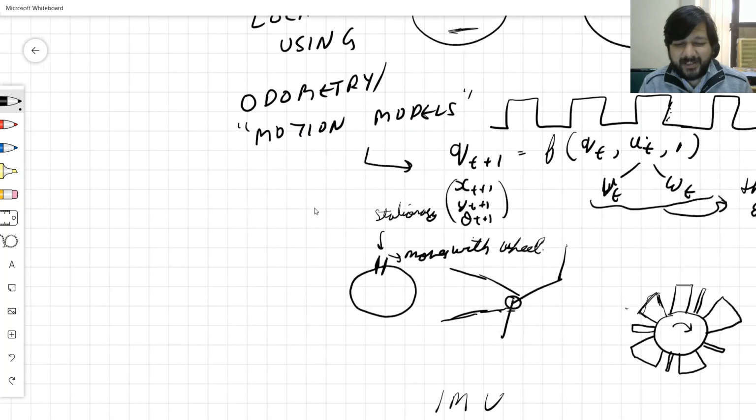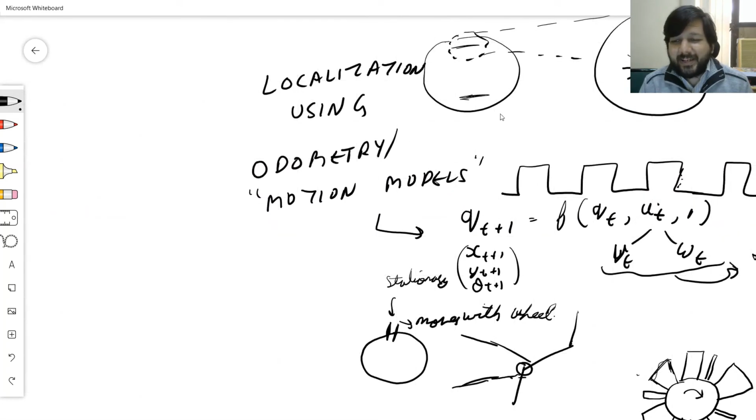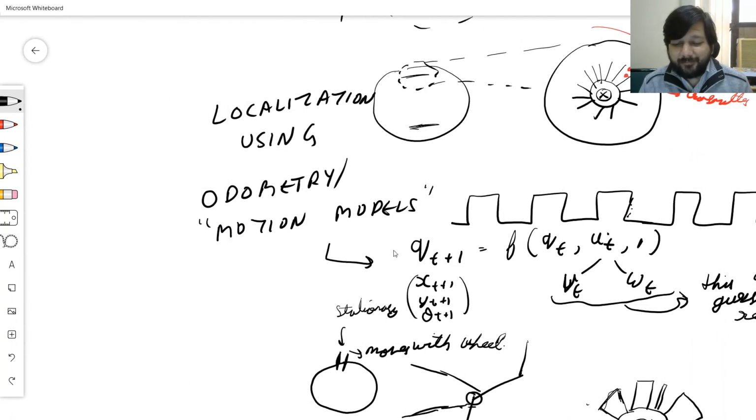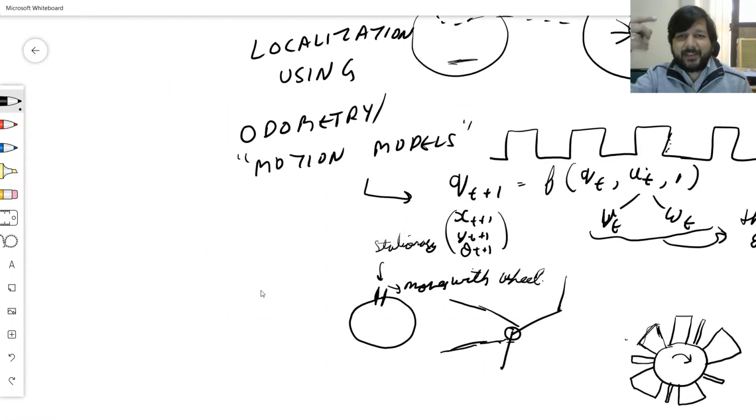Now the problem is that in either encoders or in IMU, what I'm doing is integrating something in order to calculate my position. So let's take encoder. With the encoder, I'm counting 1, 2, 3, 4, 5. The robot skids a little, I've got some error.